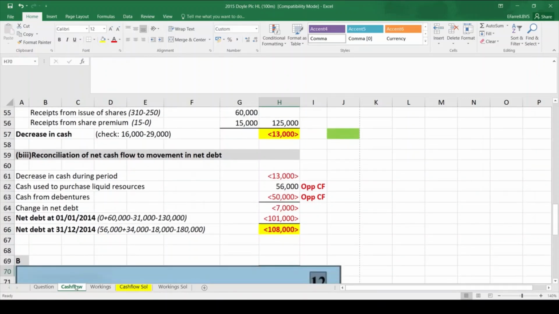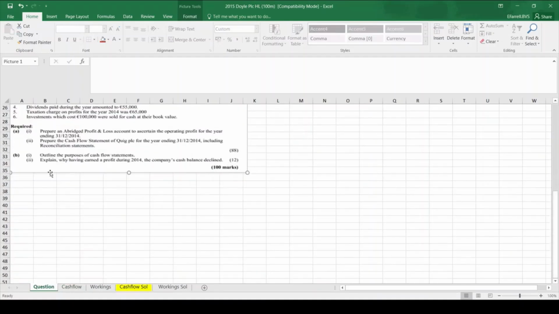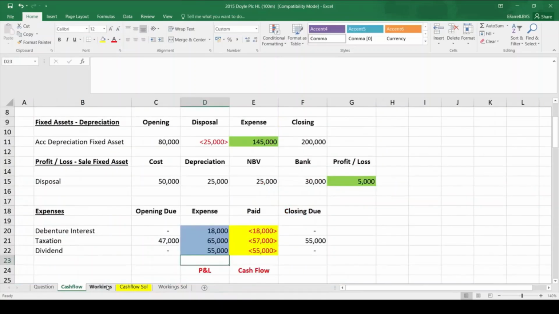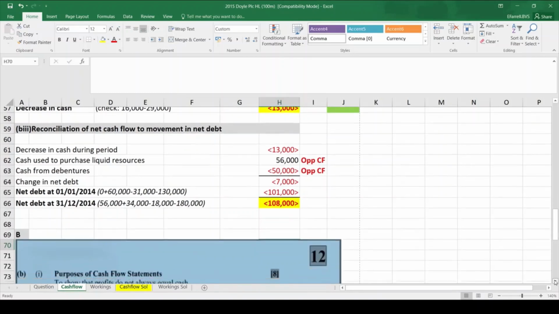And the last part of the question was just a bit of theory. What is the purpose of cash flow statements, and explain why, having earned a profit in 2014, the company's cash balance has declined. So just to look at the theory very quickly.